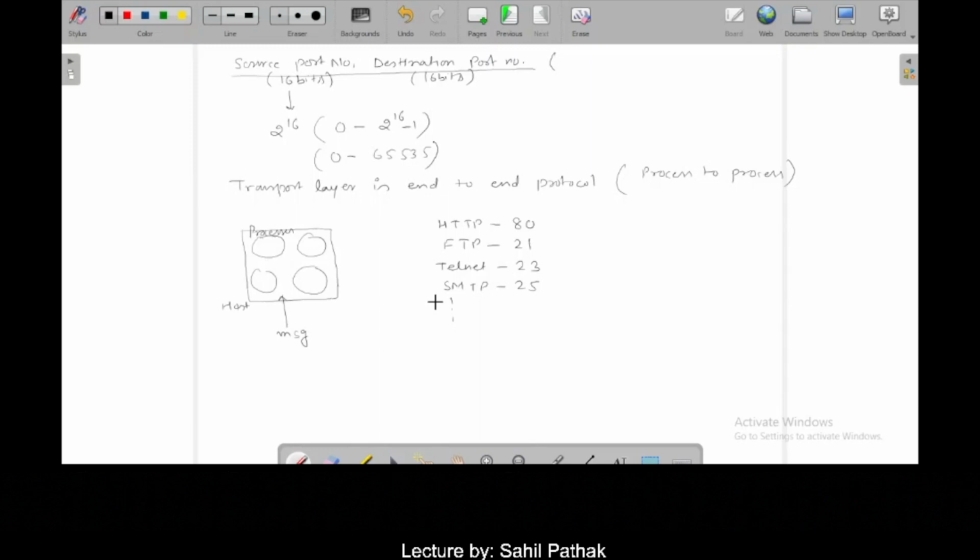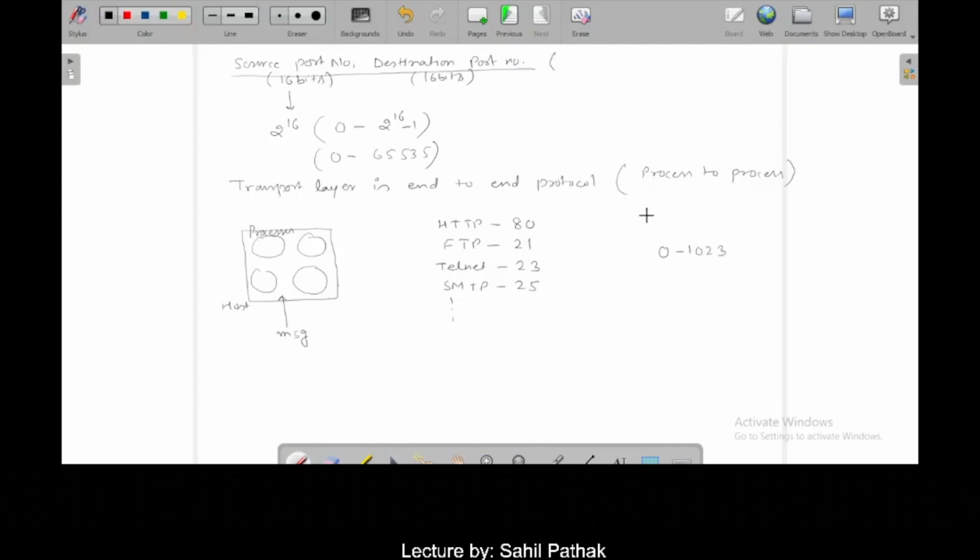So for a few applications, specific port numbers are already assigned. All the well-known services run from 0 to 1023 port numbers. So the port number given for these should be between 0 to 1023.